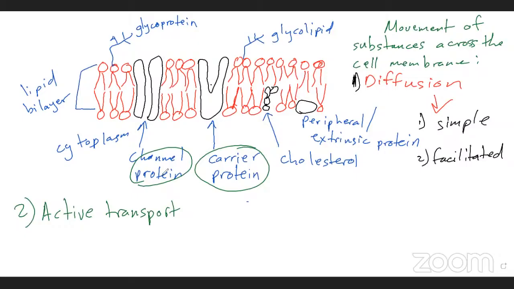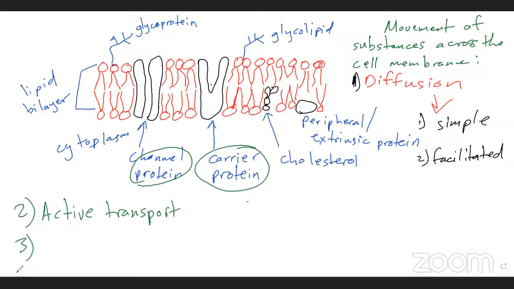They are too big for the protein as well. Anybody know the movement in that scenario? Molecules too big for just passing through the lipid bilayer use the channel protein or the carrier protein, but some are too big even for those. So they have to use a next means of transport.